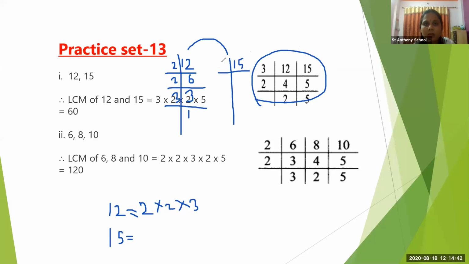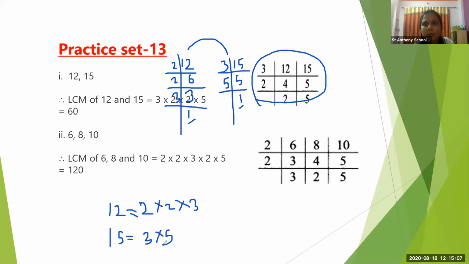Now here 3 fives are 15, correct? Now 5 cannot be divided by any other number, so it will be divided by 5 only, and here it will come 1. Once I get 1, I will finish the further division. So 15 is 3 multiplied by 5.